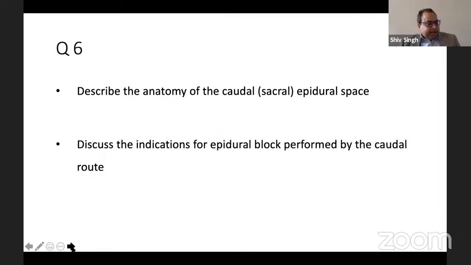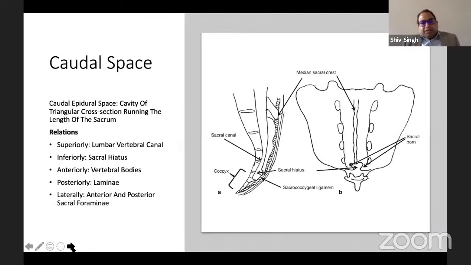Last question of the day is on anatomy. Describe the anatomy of the caudal or sacroepidural space and discuss the indications for this caudal epidural block. So, anatomy part. The caudal epidural space is a cavity which is triangular in cross section, running along the length of the sacrum.